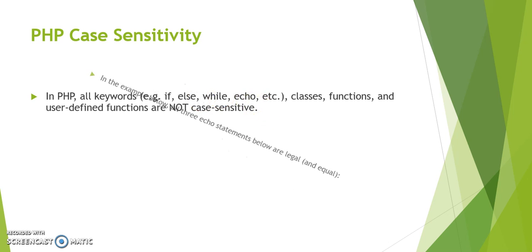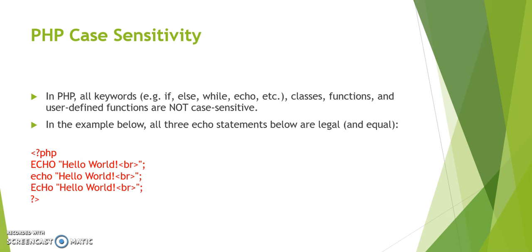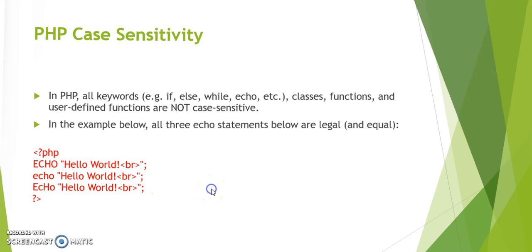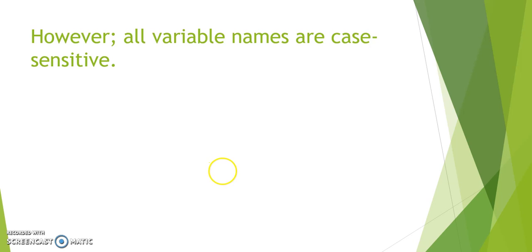Let's take a look at this example. In the example below, all three echo statements are legal and equal. Echo with capital letters will give us the same output, echo with small letters will give us the same output, and echo with toggle case will also give us the same output. Simple as that. You can just copy the script part and put it in your code and see how it works.